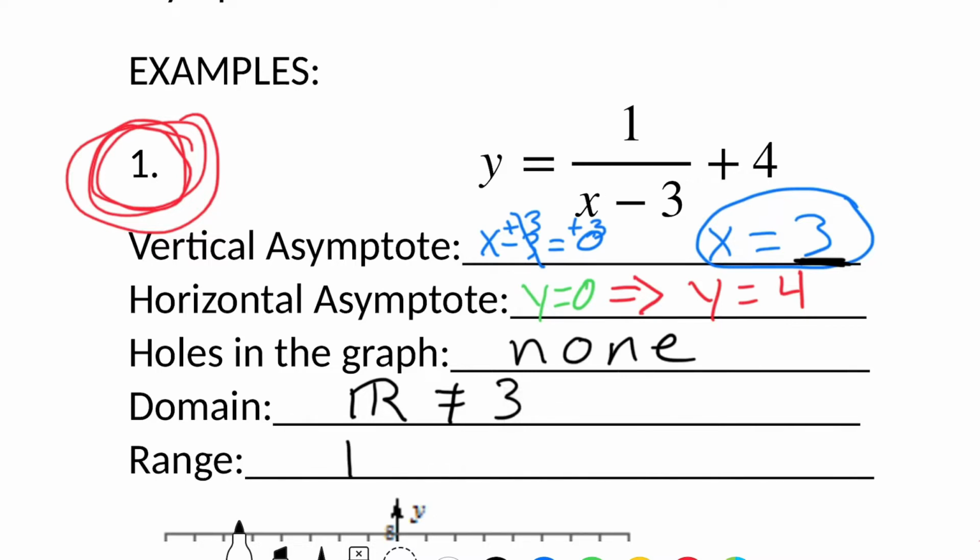Your range is going to be all real numbers except or not equal to your y value of 4 for your horizontal asymptote. If your horizontal asymptote is at 4, your graph is going to get really, really close to y is 4, but not actually touch it. So your range is going to be all real numbers except or not equal to 4.